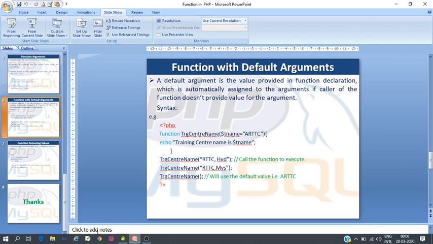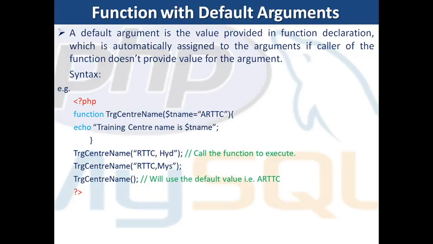Function with default argument. A default argument is the value provided in the function declaration which is automatically assigned to the argument if the caller of the function does not provide a value for the argument. So here we have defined a function trgCenterName, and we are passing an argument $tname with a value of RTTC, and then printing training center name.